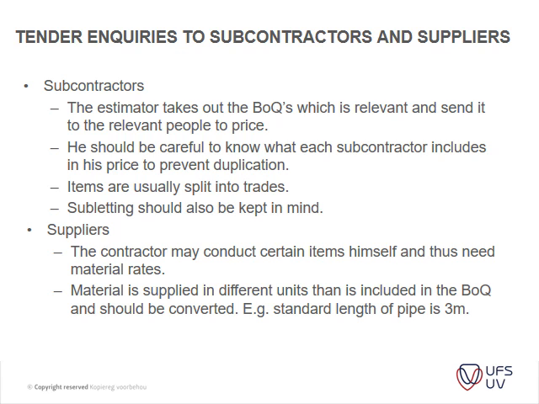So whenever you get prices back from an electrical guy, it doesn't necessarily include the excavations, backfill, and those type of things. Whereas if you send it to a civil contractor, a subcontractor who's going to assist you with the water pipe work and so on, they might include that. So you don't have to price for that again. Okay. But the main thing is you communicate with your suppliers and make sure what it includes, what it doesn't include, and so forth.